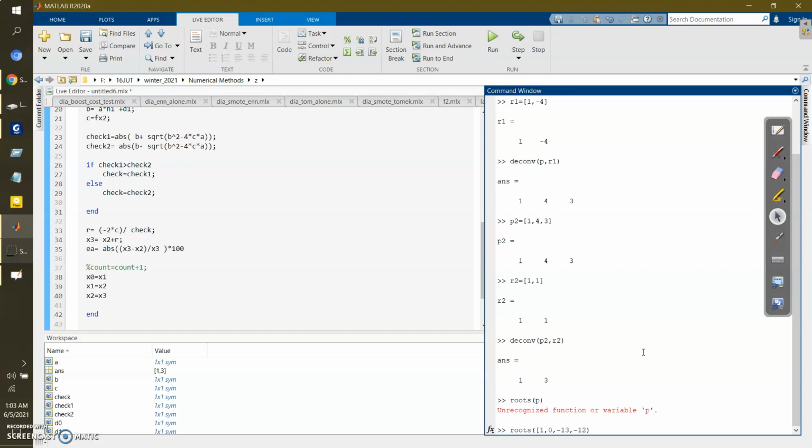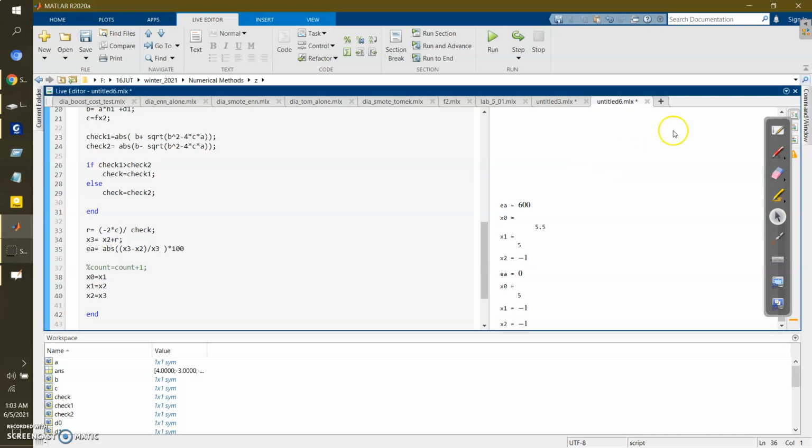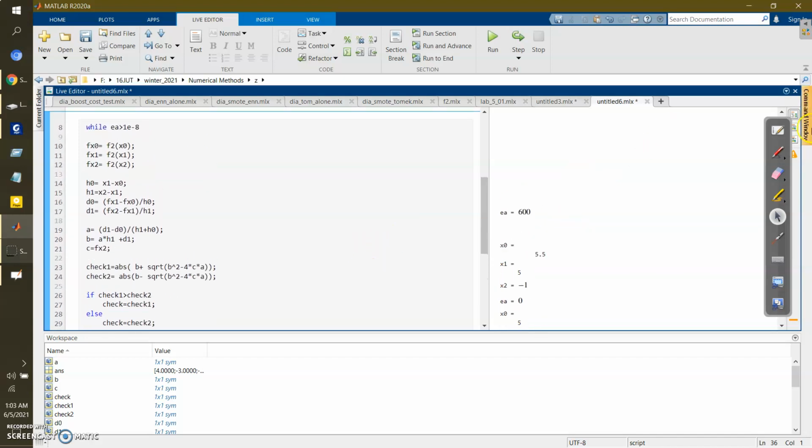This was our original polynomial. If I use this roots function in MATLAB, it automatically gives me 4, minus 3, minus 1, which we have struggled so much to calculate. I hope this concept is clear, how we can use the Muller method to calculate the roots. Okay, let's finish it here.